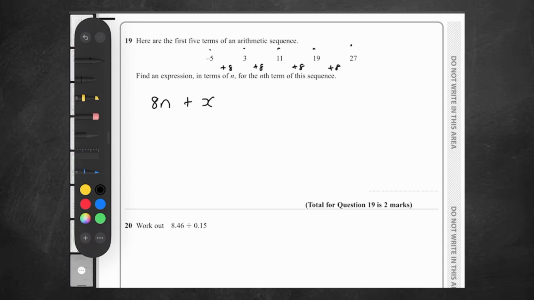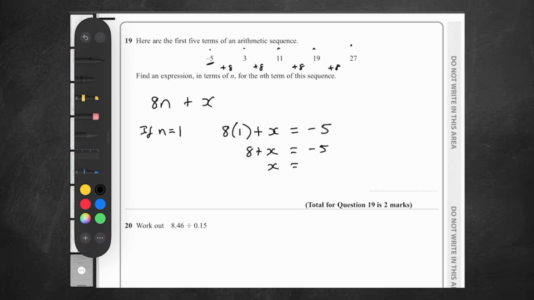So if we put in term number 1 as n, so we will say if n equals 1, then our sequence is going to be 8 lots of 1 plus x equals minus 5, as minus 5 is our solution. So that's going to be 8 plus x equals minus 5.